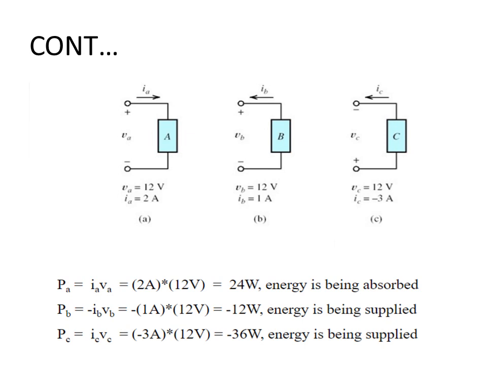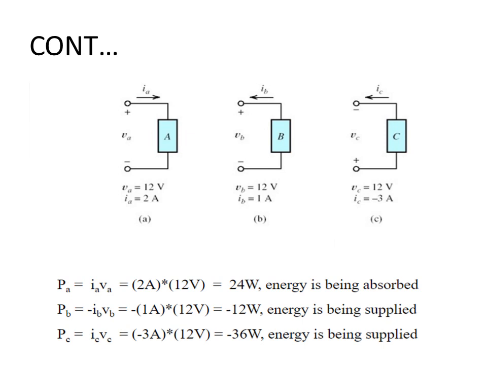If the sign convention is opposite to the current direction, then it indicates power or energy is being supplied. That means for being supplied, we simply give a negative sign, and for being absorbed, we simply give a positive sign. So keep it in mind, these two sign conventions are very important while doing problems for different circuits.